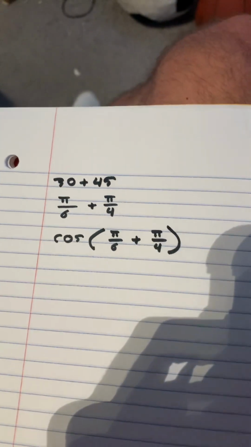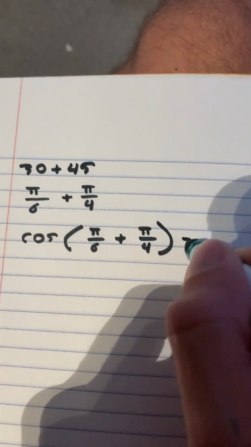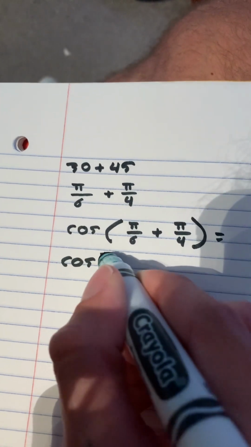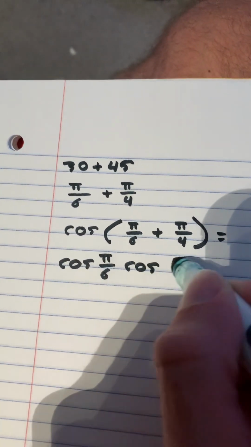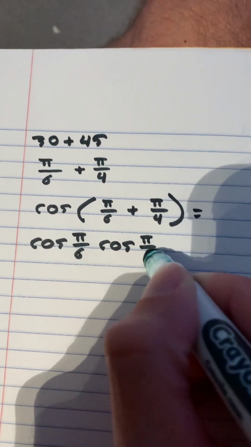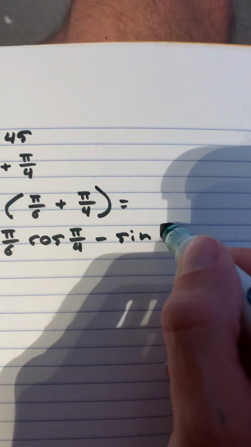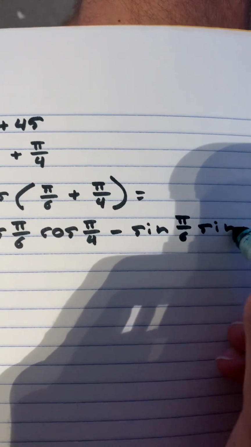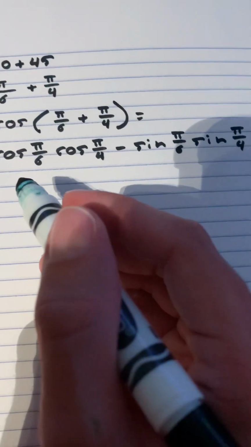So we got cosine, cosine, sine, sine. So that is going to be the cosine of pi over 6 times the cosine of pi over 4 minus the sine of pi over 6 times the sine of pi over 4. This is easy trigonometry right here.